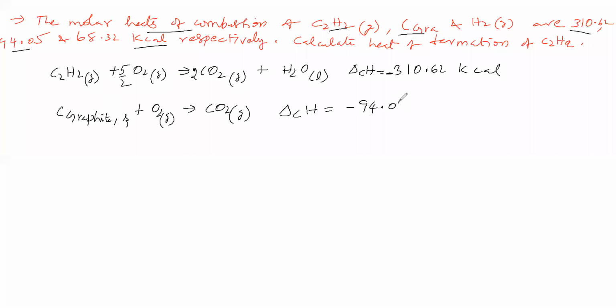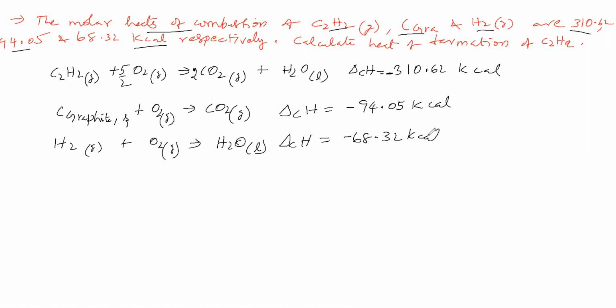Write minus 94.05, because combustion means exothermic. Then combustion of hydrogen: hydrogen gas plus oxygen gas gives water. Here the delta CH is minus 68.32 kilocalories.